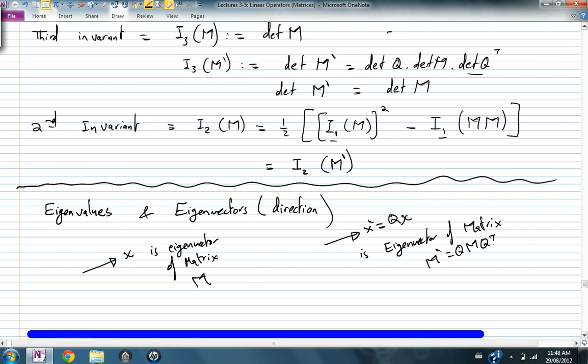Not only this, if Mx equals lambda x, you're going to find that M prime x prime is equal to lambda, the same eigenvalue, multiplied by x prime. So the values of the eigenvalues do not change, and the eigenvectors do not change either, they just keep their direction.